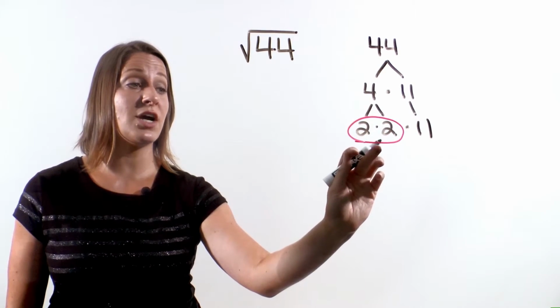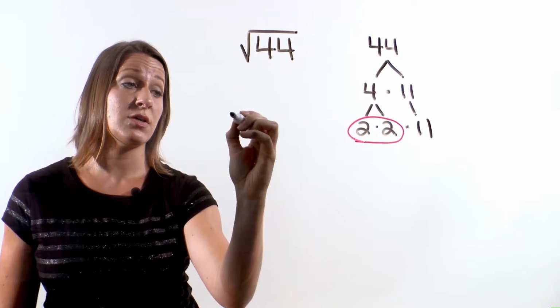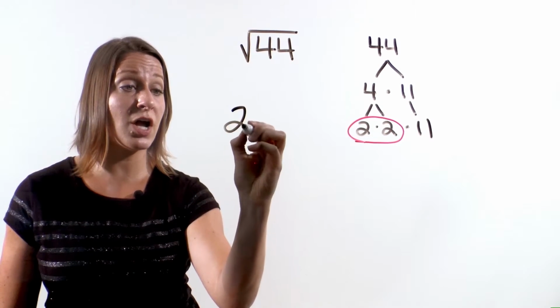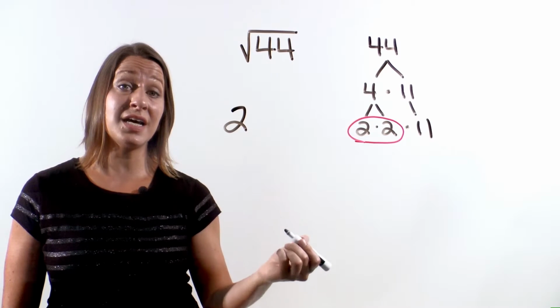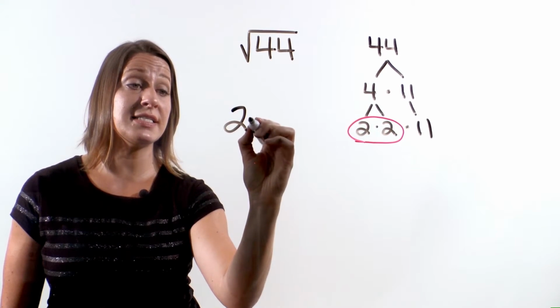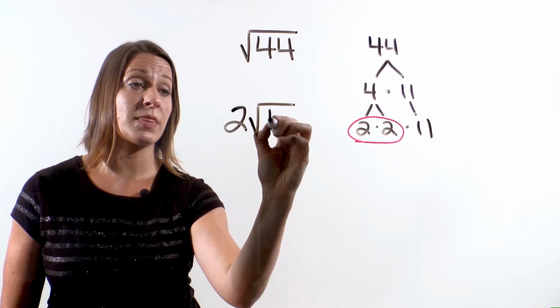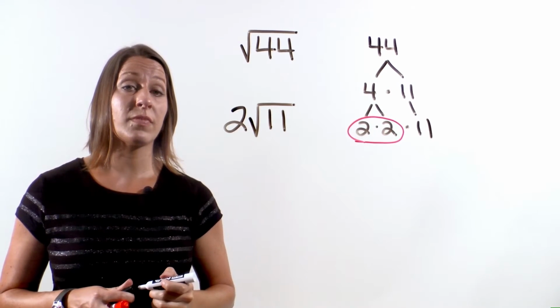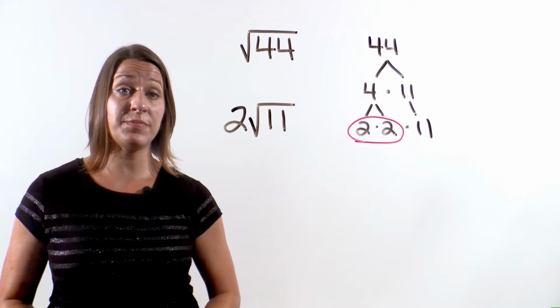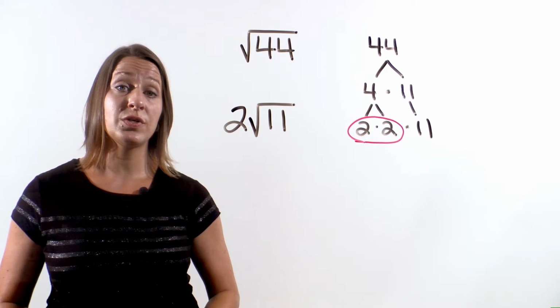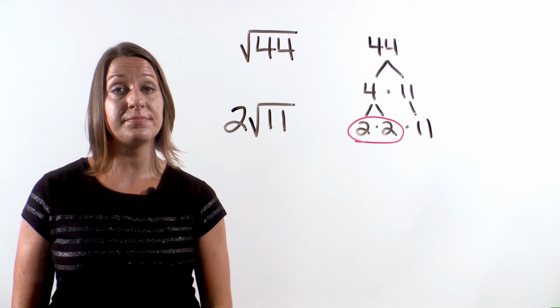We're going to represent our set of twins of a 2 on the outside of the radical, and any number that did not have a partner stays inside the radical, which will be our 11. So the square root of 44 is best simplified as 2 times radical 11.